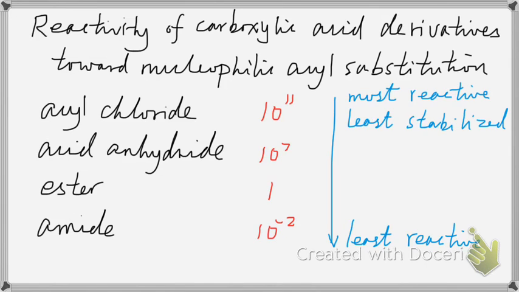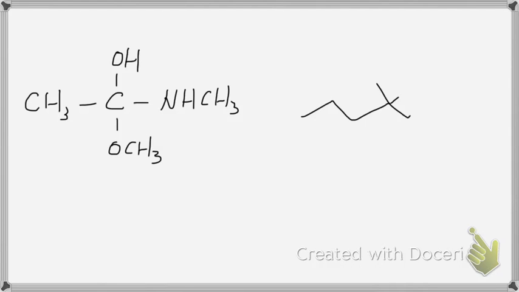Alright, now, based on this explanation, I want you to take a look at these two tetrahedron intermediate. And I want you to tell me what reaction will give this tetrahedron intermediate.